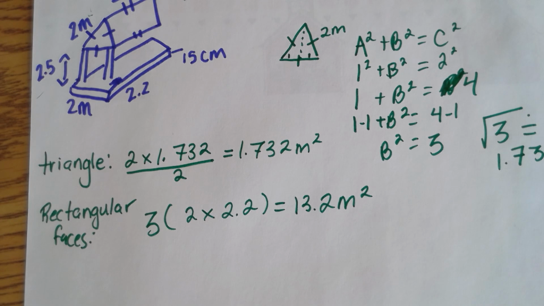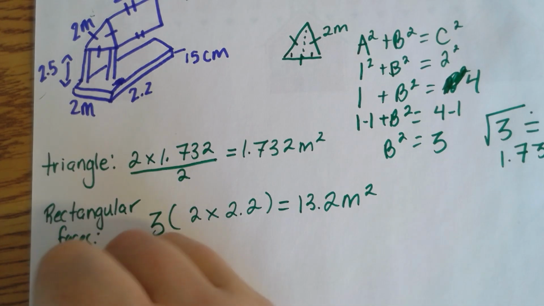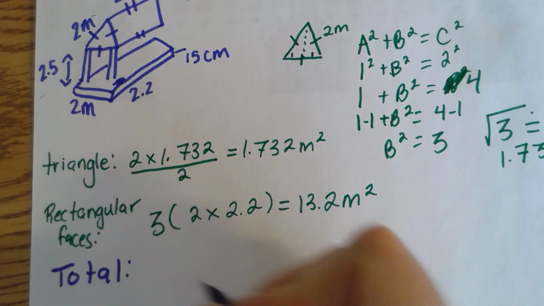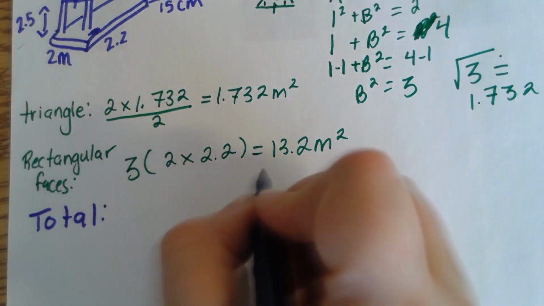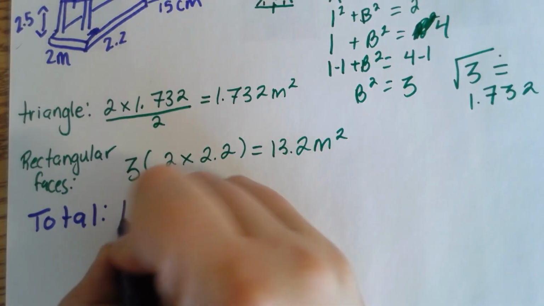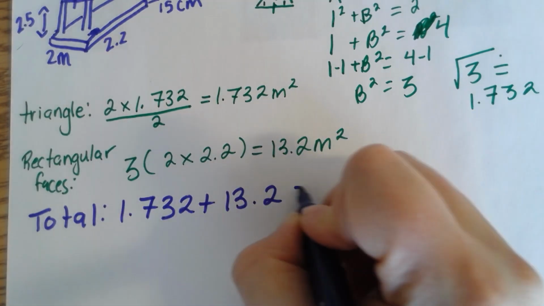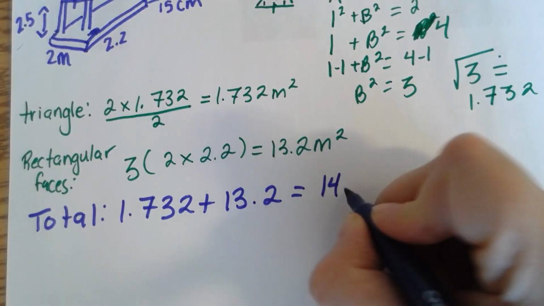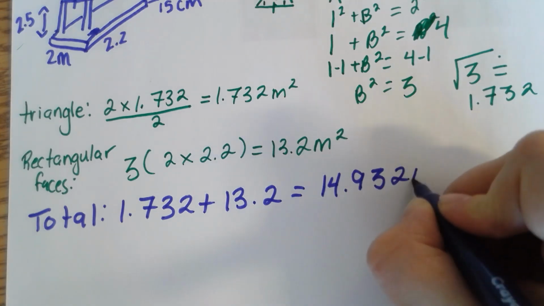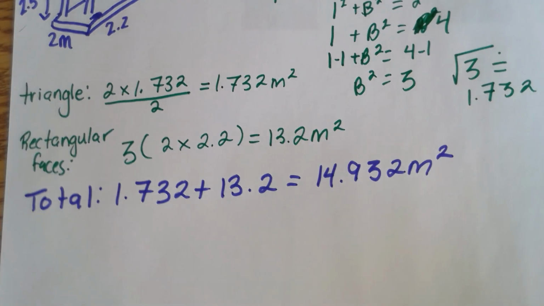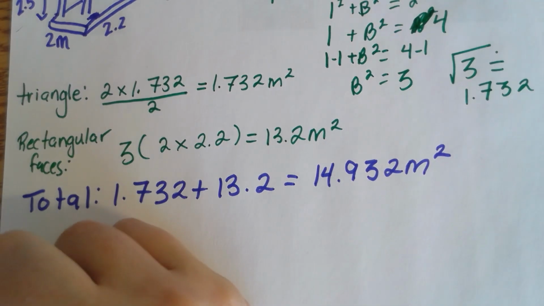At this point, I'm going to add these two together and figure out what the total area of this triangular piece is going to be. So this first piece, we've discovered that the triangular piece is going to be 14.932 meters squared.